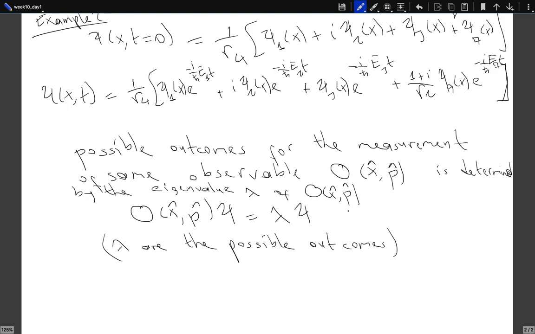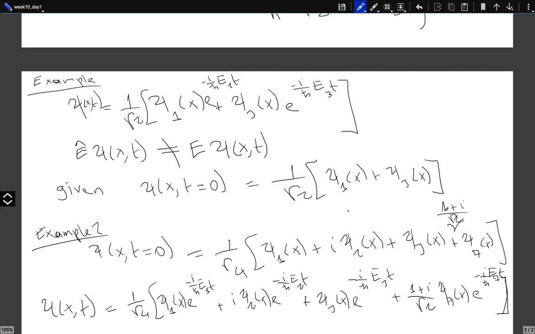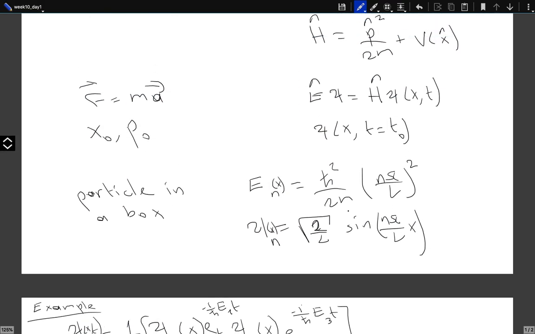For example, for the particle in a box with infinite walls, we had already seen that the energy operator has eigenvalues given by this expression. So whichever way you create your system, when you measure its energy, the outcome will have this form, independent of how you create it.